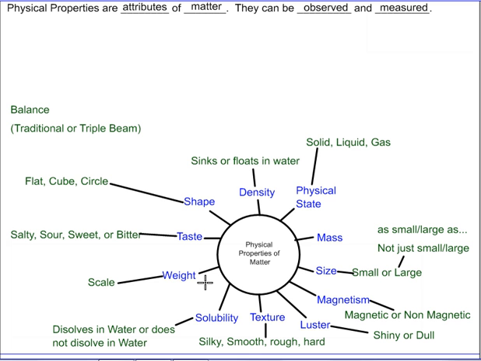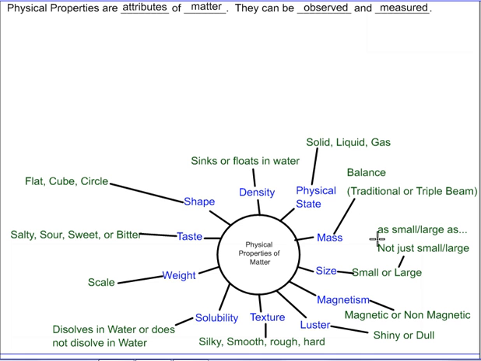Just like when you step on the scale at a doctor's office, they are measuring your weight. All right, mass is our last one, and our last descriptor up here is going to be balance. Now, it may be a traditional balance, or it may be a triple beam balance.